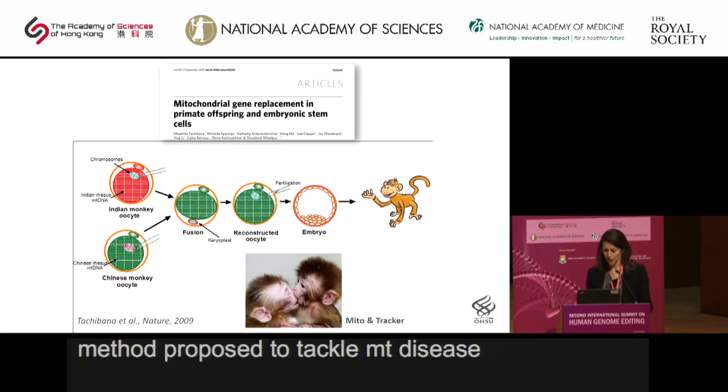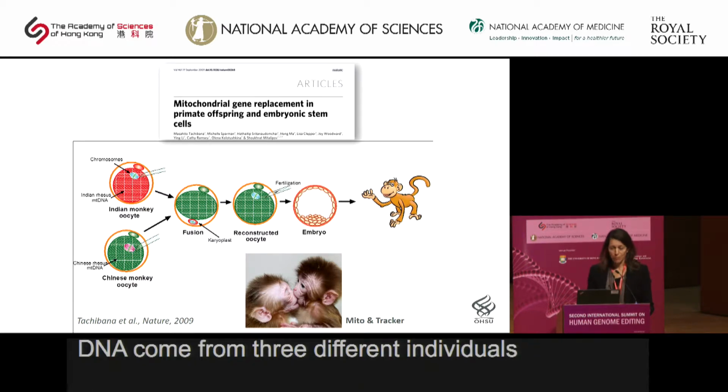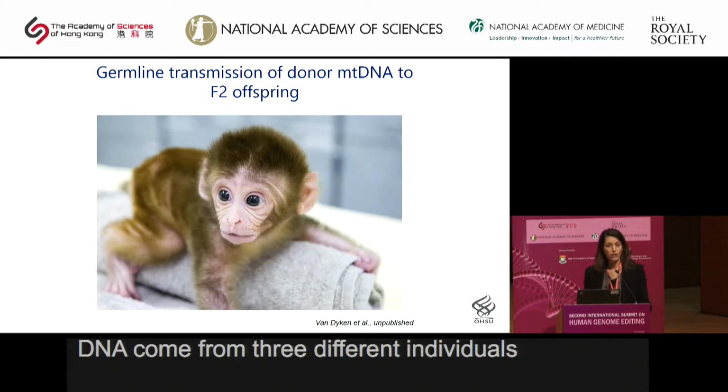And he did this initially in a monkey model using 2 different species of monkeys, and it was successful. And these monkeys have been followed now for several years, and they appear to be healthy with low levels of heteroplasmy. In fact, we have 2 generations of these monkeys, and they appear to be healthy.